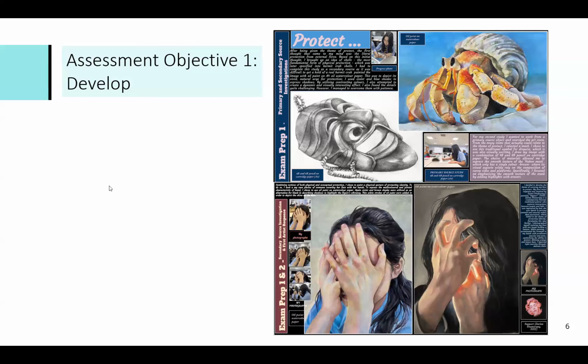So if you have a copy of your taxonomy handy or your assessment grid, you can actually see that the candidate is placed right at the top of the performance bands, with a mark of 18, fulfilling all the descriptors on the taxonomy. And we will see more examples of each assessment objective of this candidate's work.